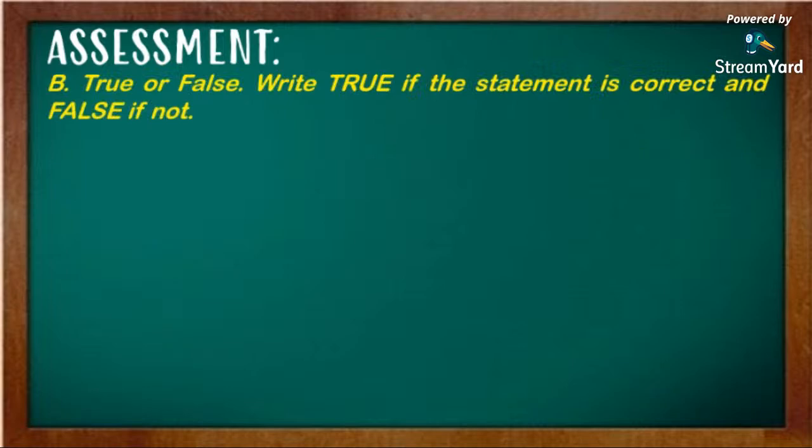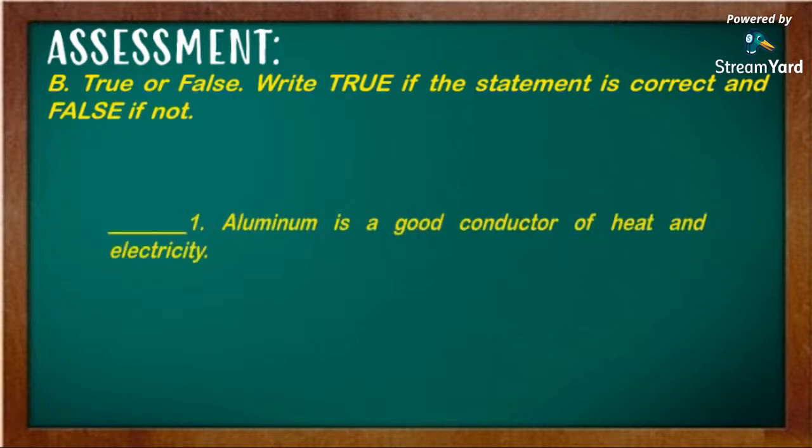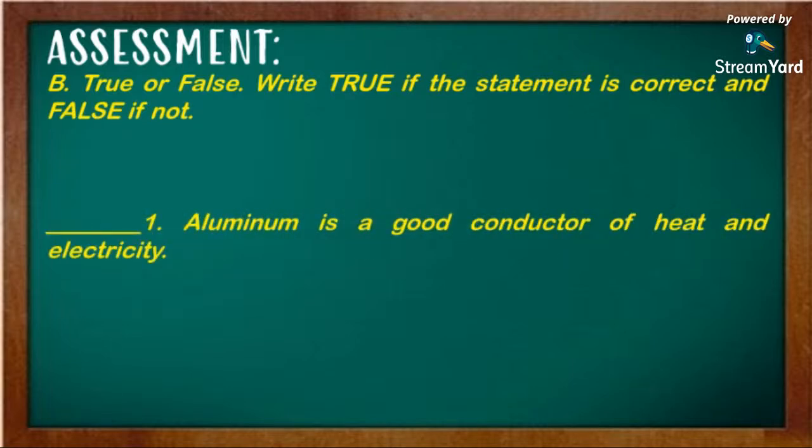So let's proceed to true or false. Write true if the statement is correct and false if not. Okay, here's the question. Aluminum is a good conductor of heat and electricity. Is that true or false?